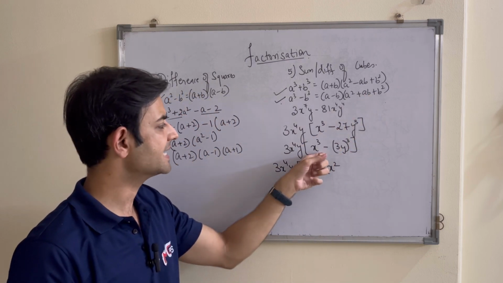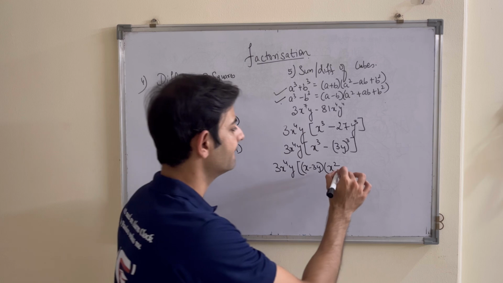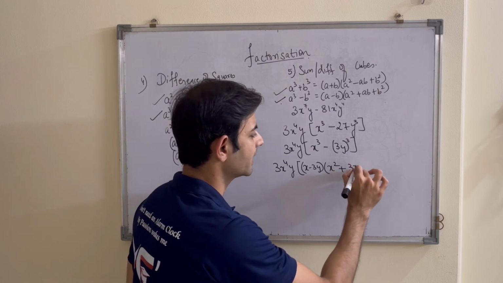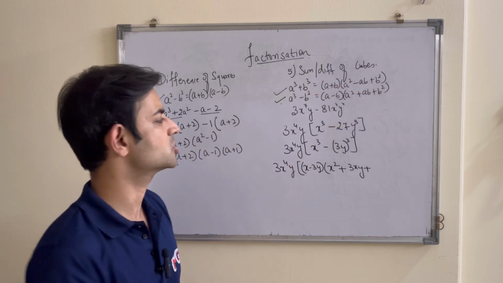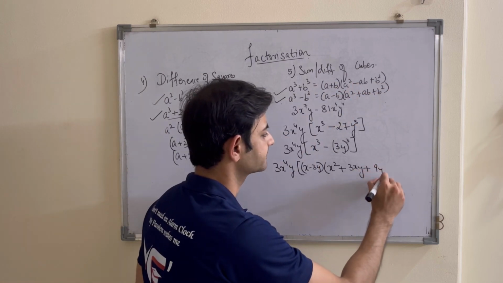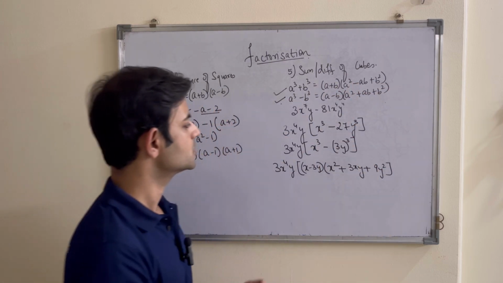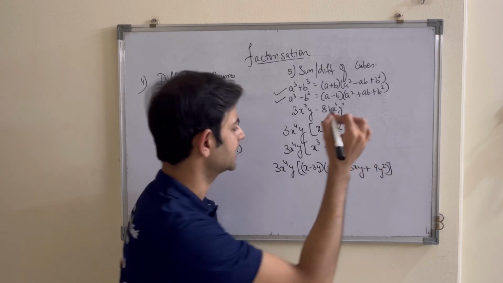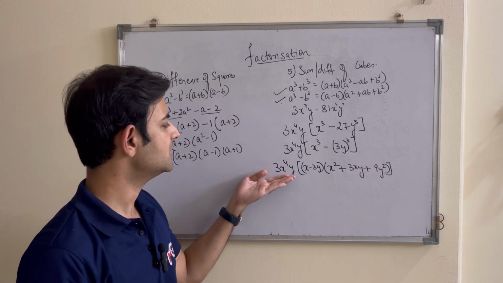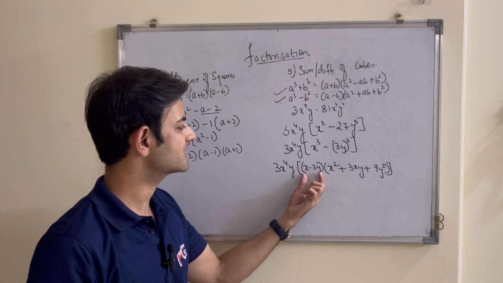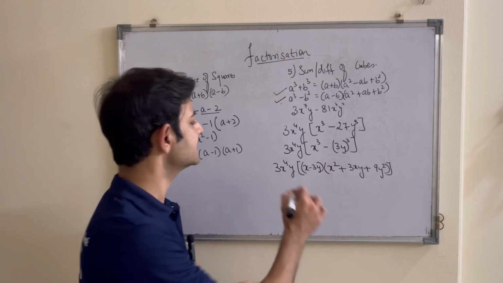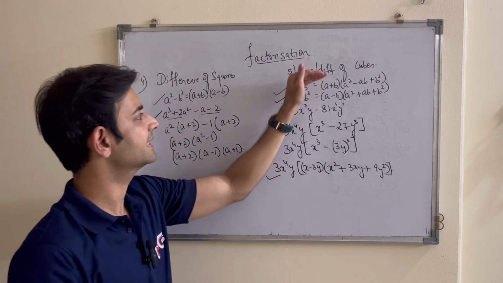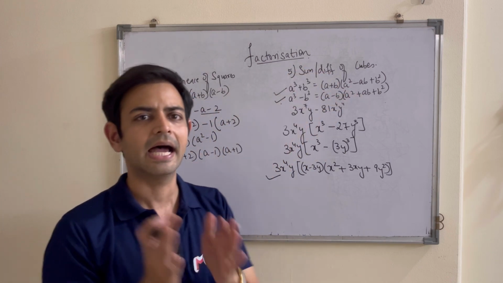So a is x, b is 3y, so it will be plus 3xy plus 3y the whole square, which is 9y square. So I have my answer as 3x power 4y into x minus 3y into x square plus 3xy plus 9y square. This is the way in which you can apply this sum or difference of cubes and get the answer in the factorized form.